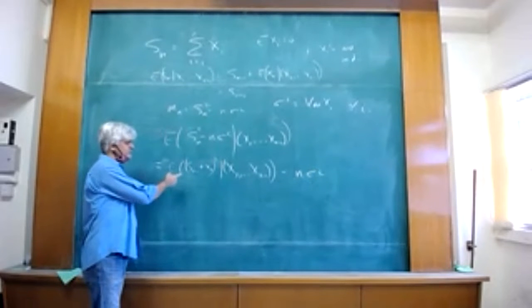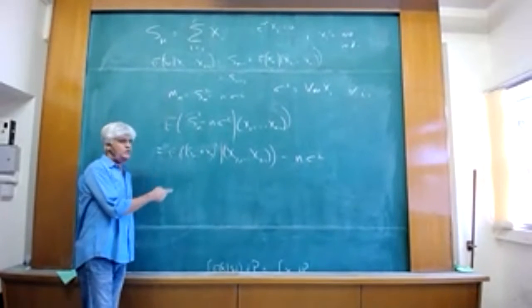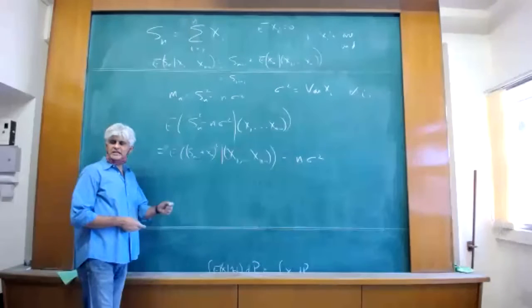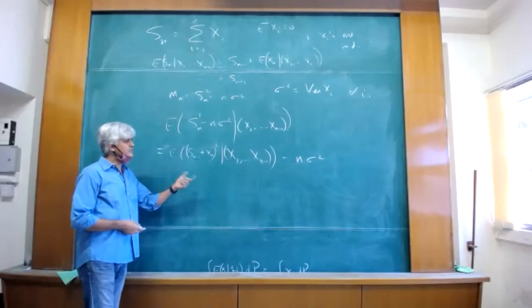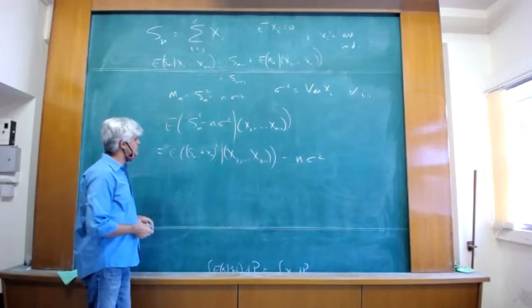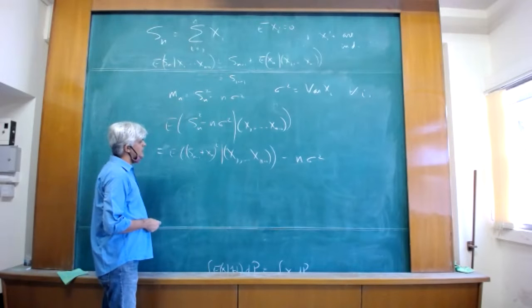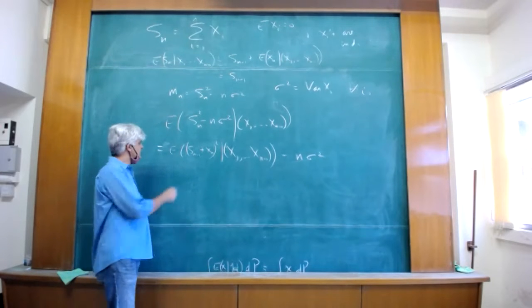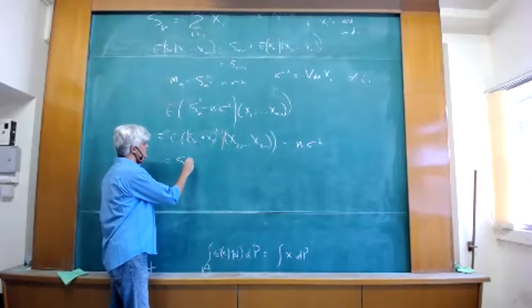Now you see, S_{n-1} squared will come out. The cross term is going to be mean 0, because S_{n-1} is known to us and E of X_n given everything is 0. And then you have E of X_n squared, which is sigma squared. You get S_{n-1} squared minus (n-1) sigma squared.